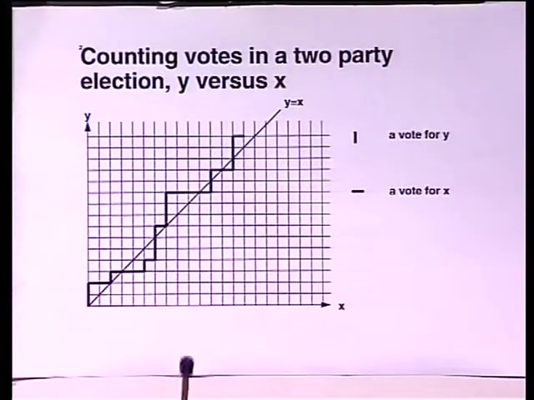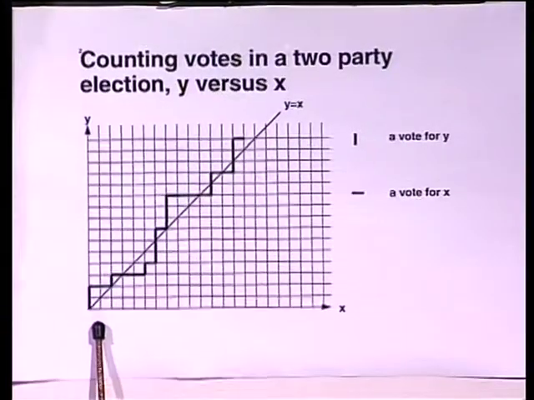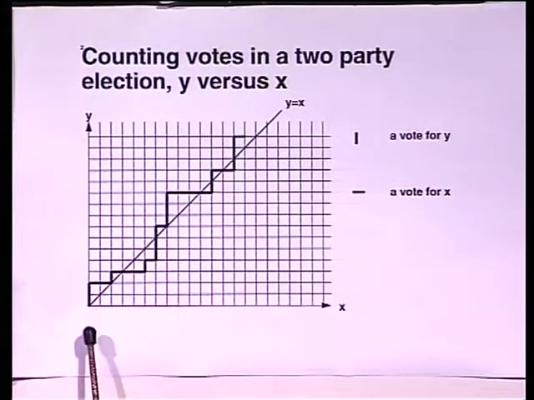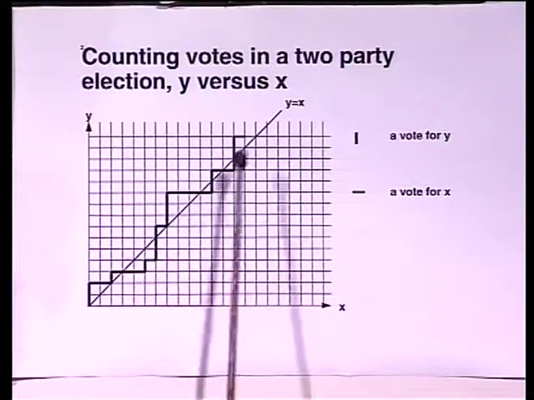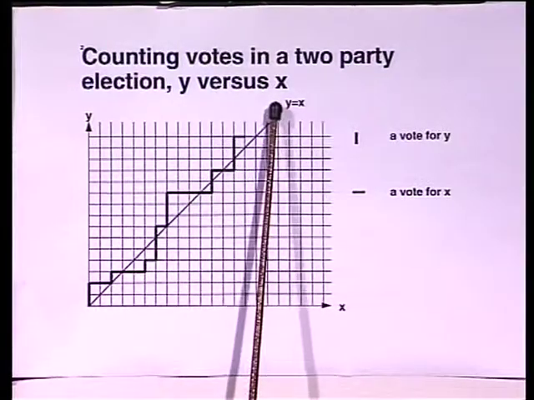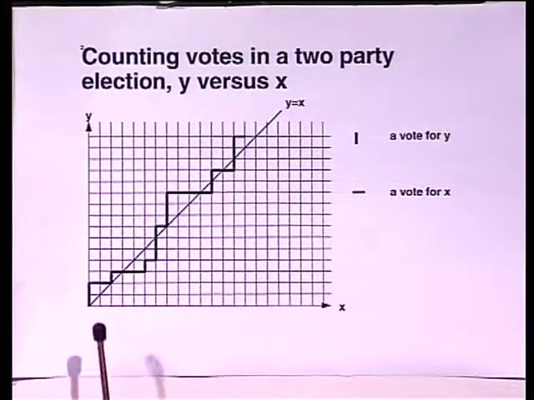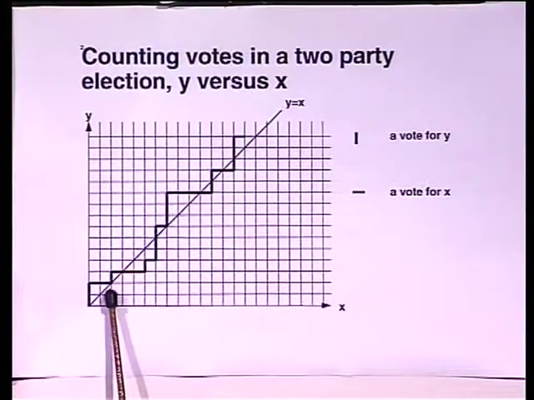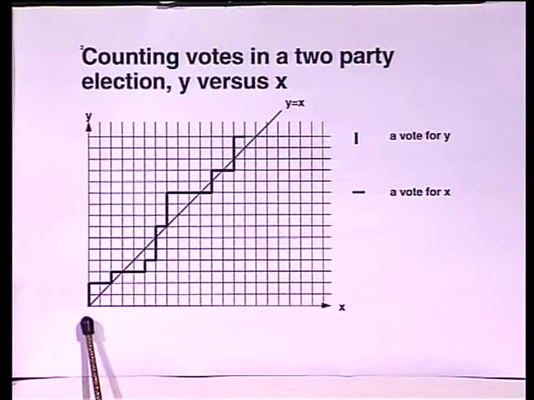My first graphic is meant to indicate the way that votes are counted in an election. So this is an election in which two parties, X and Y, are competing. And the thick black line is showing the progress of the count as the votes come in.